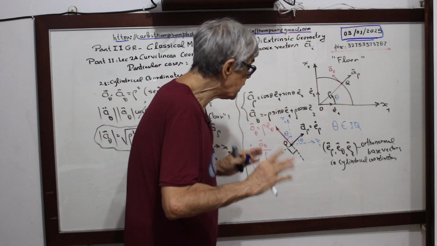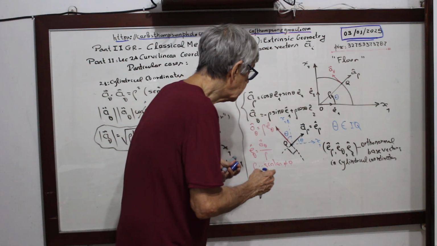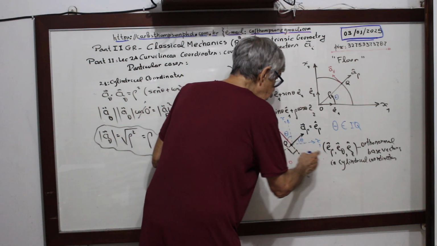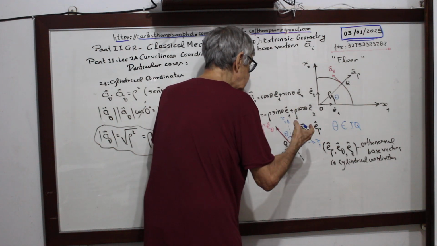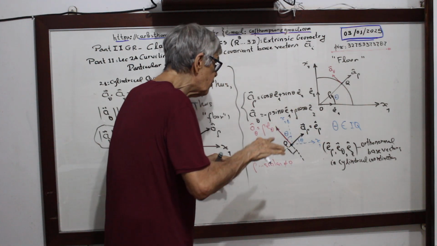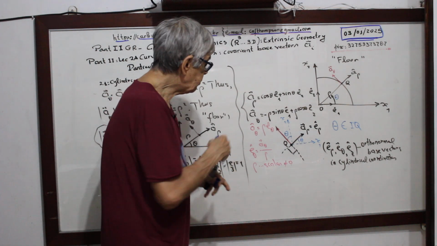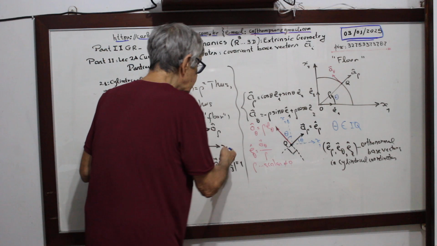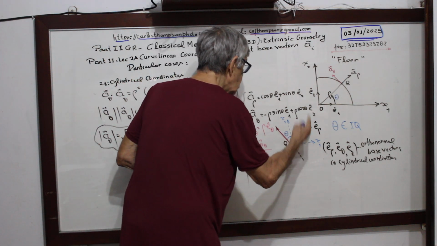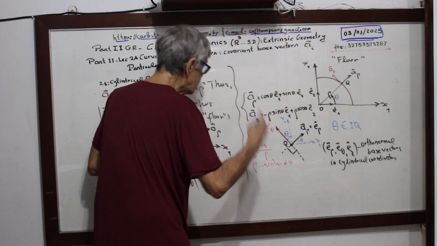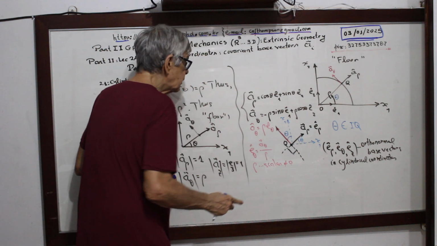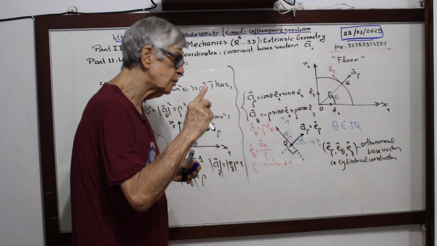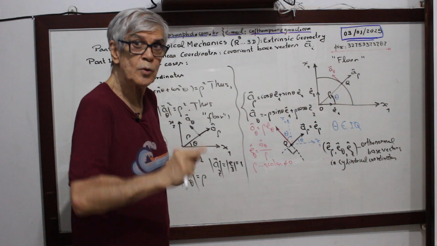You always have to pay attention that e rho is naturally, you don't have to do anything, just take the derivative, this is equal to a rho, because you proved that a rho dot a rho is 1. But if you dot a theta with a theta, this will not be 1.